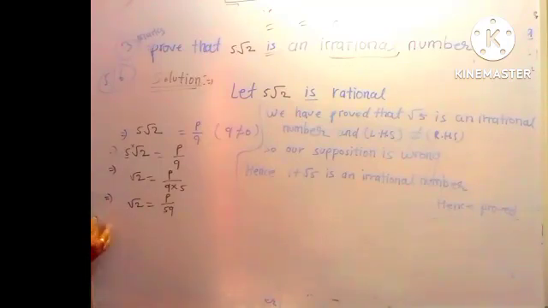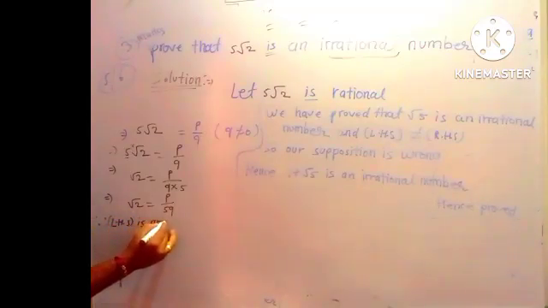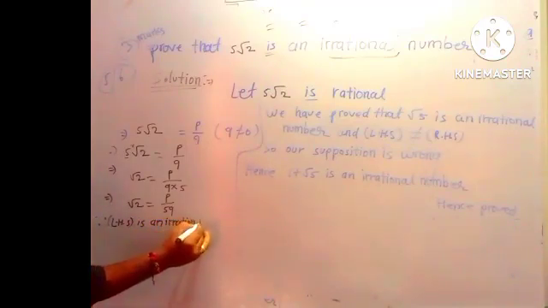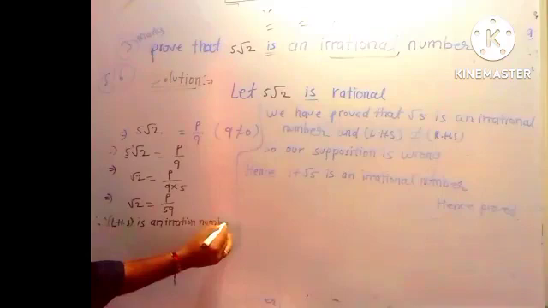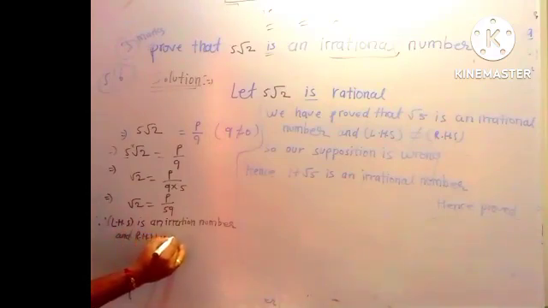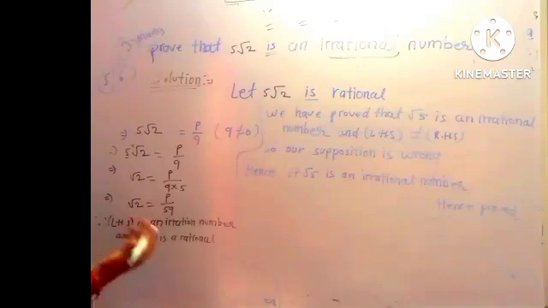We know that left hand side is an irrational number and right hand side is a rational number.